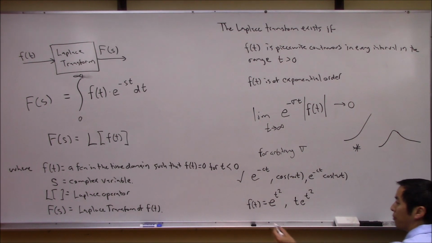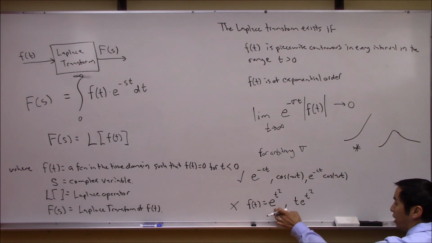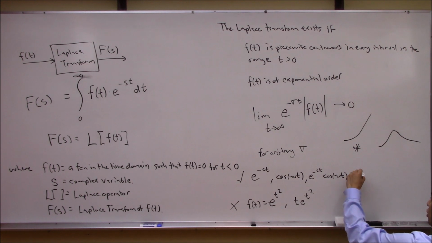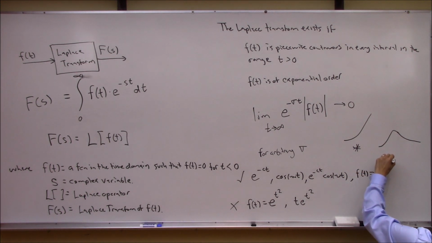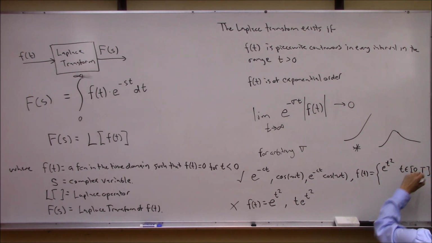However, let's make a slight side note. While these are not of exponential order and theoretically don't have Laplace transforms, we can define another function that is only of this form for a certain range and then is 0. So for example, up here in the yes category, you could have a function f of t is e to the t squared when t is in the range of 0 to some capital T and then 0 otherwise.